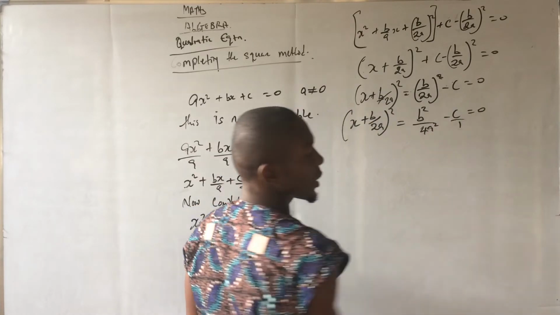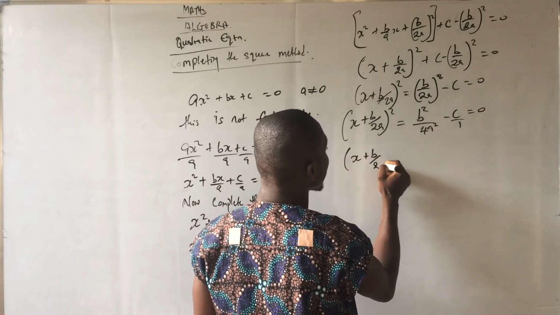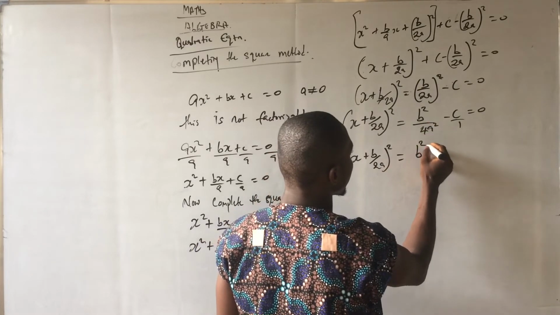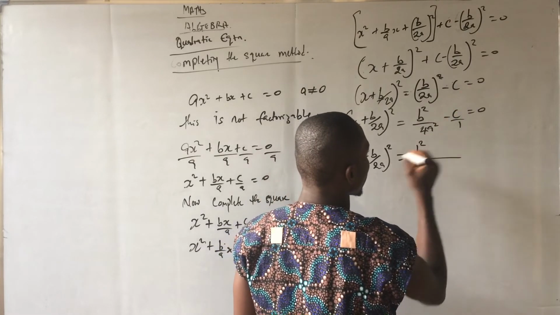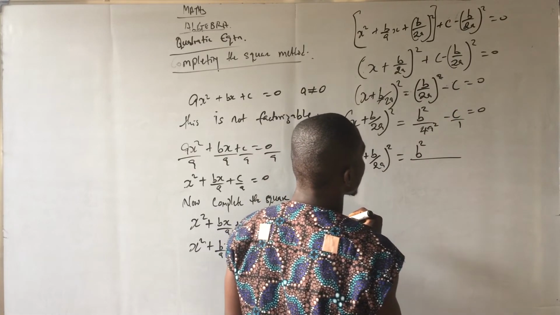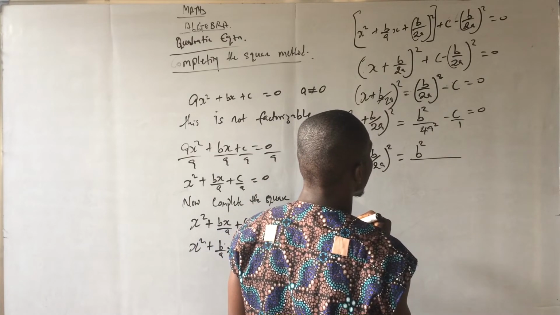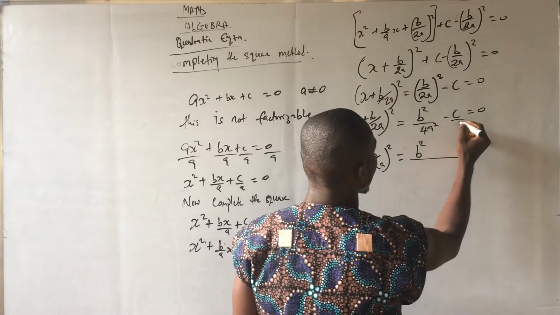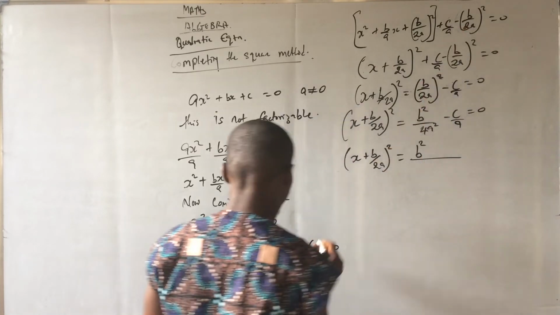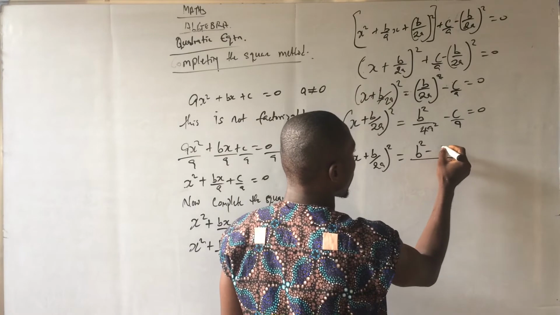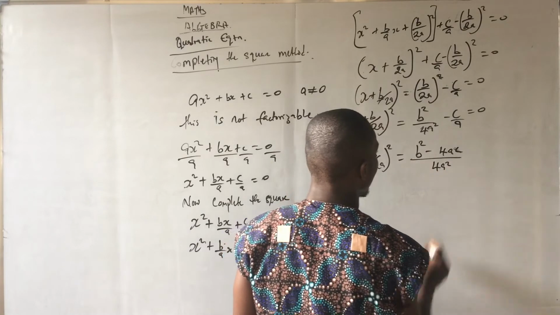Now, remember this is c over 1, so you can actually manipulate to get x plus b over 2a raised to the power 2 equal to b squared minus 4ac all over 4a raised to power 2.